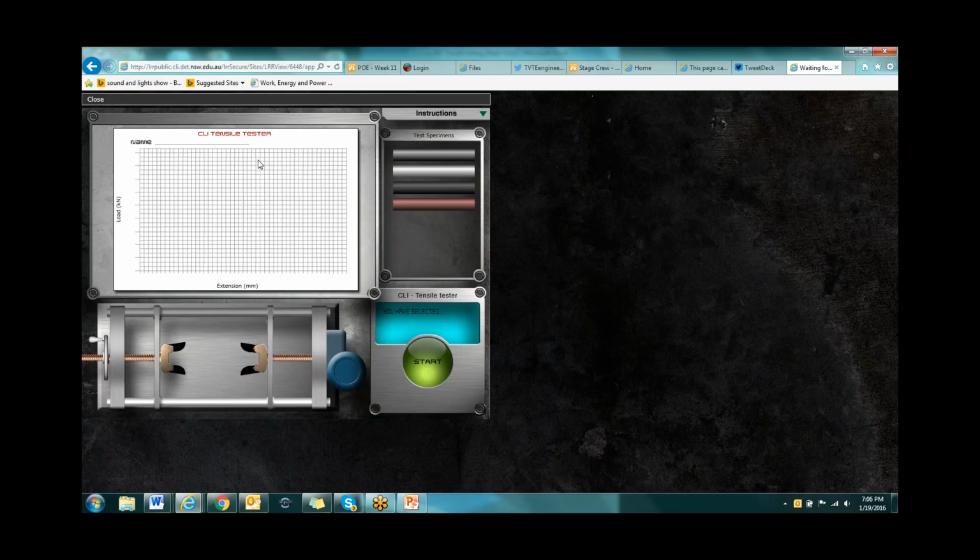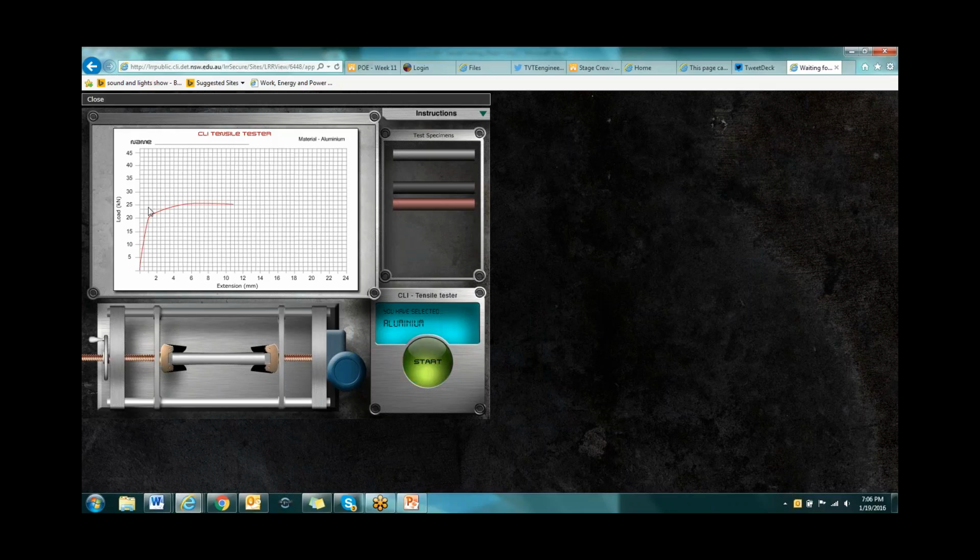What it does is it gives you a couple of different materials here that you can test. You just grab it, put it down into those little clamps, hit start. It breaks it, shows you how the graph is built, and then eventually it snaps, kind of anticlimactic. You can put in different samples. So now I have an aluminum, and we can see how the chart changes.